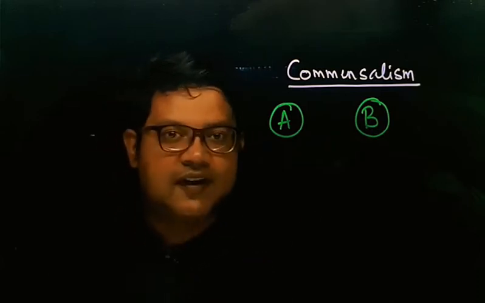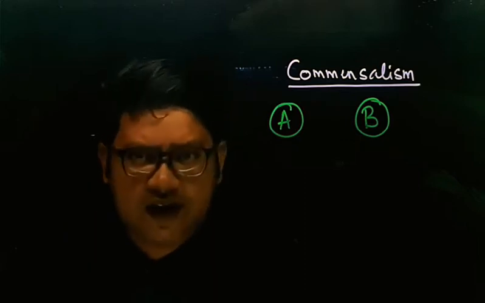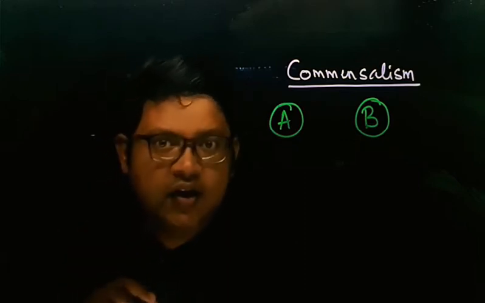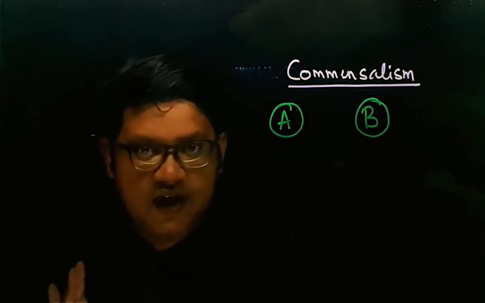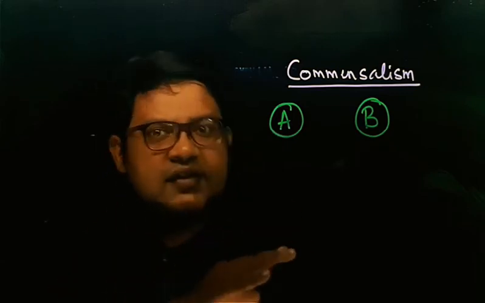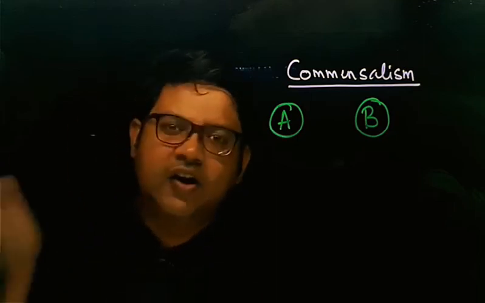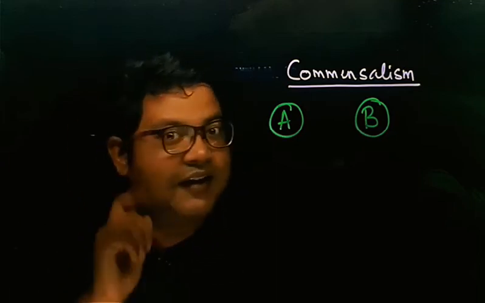Now, what is commensalism? It is a type of interaction where one of the interacting species is getting benefited and the other species is neither getting benefited nor getting harmed. Again, listen carefully.